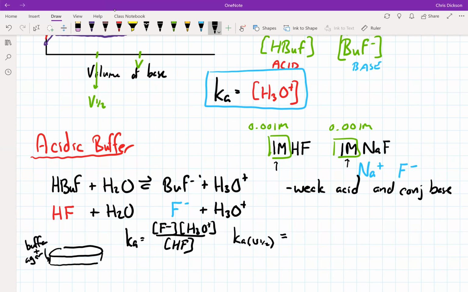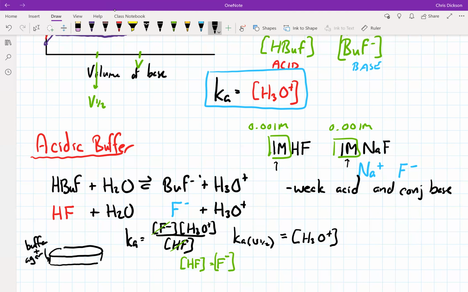If we're at V half, the concentration of the acid HF is equal to the concentration of the fluoride ions, F minus. And if that's the case, then the fluoride and the HF should cancel, which means for this particular buffer, if you made it this way, the hydronium concentration should be equal to the Ka of this acid.